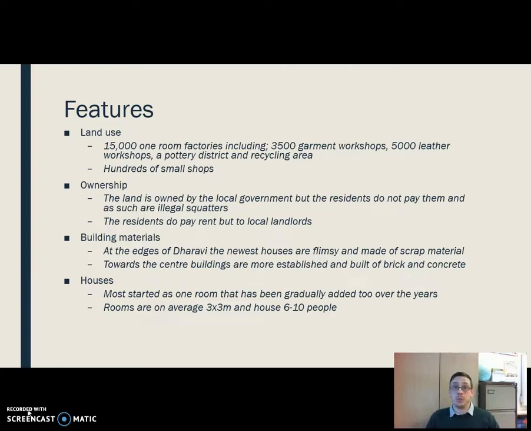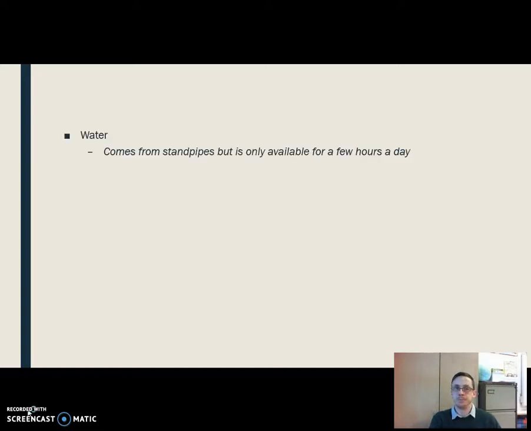Similar to what I said in the previous video of actual size, a house for between 6 to 10 people is going to be 3 metres by 3 metres, it's 9 square metres. So again, pace that out. Most people can pace a metre. Try that 3 by 3, and you'll see that's a room which, in the worst case, is going to house a family of 10. So you can see how little space we're talking about here.